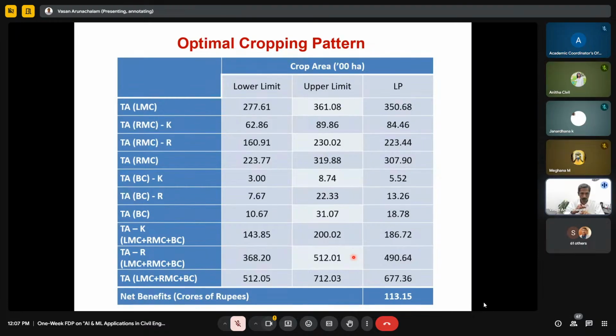The second thing we assume is that when I release 1 unit of water, only 50% will reach the farmer. There is a 50% conveyance loss because it's all open channel and many things are not well maintained. That's also an assumption. If these things change on the ground, the overall output can subsequently increase also.